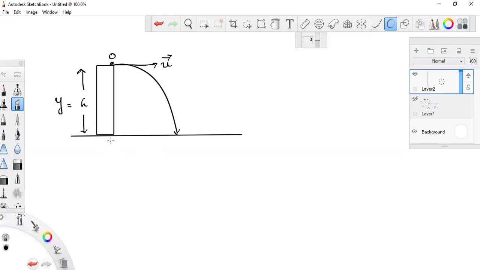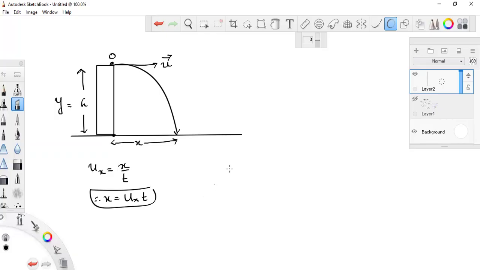The distance that the projectile hits on the ground from the building's base is taken as the range, the x component. Now, the distance x can be easily calculated by the formula. The horizontal velocity ux is equal to displacement by time of flight. Therefore, I can say x is equal to ux into t. So this gives us the horizontal distance.